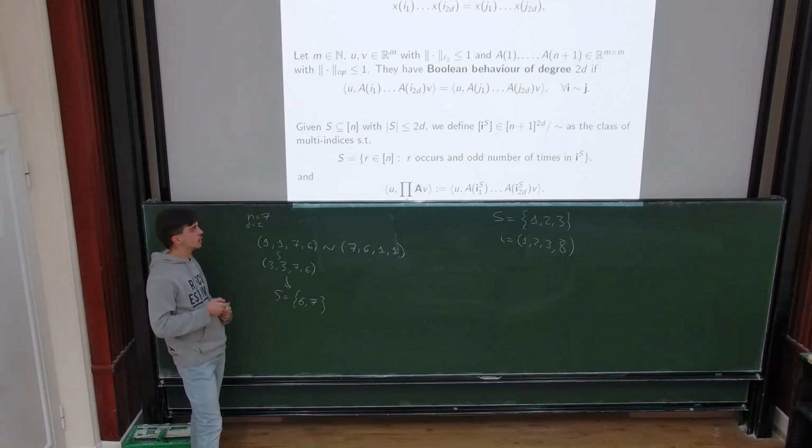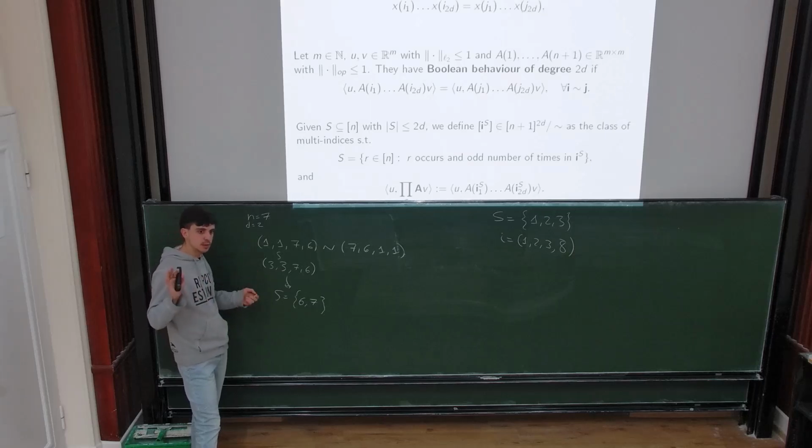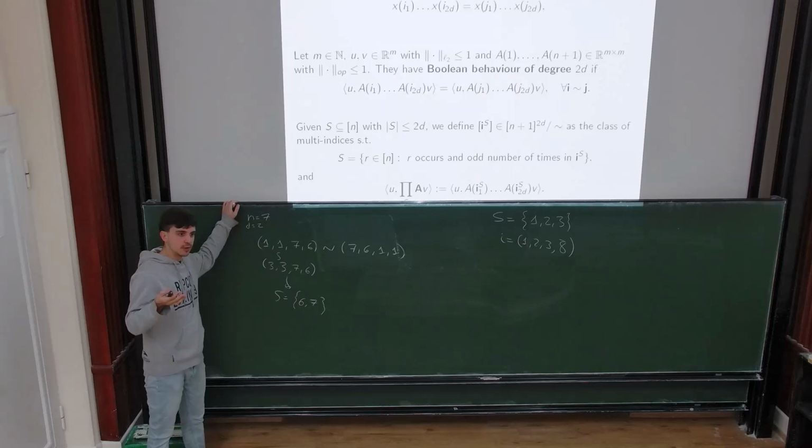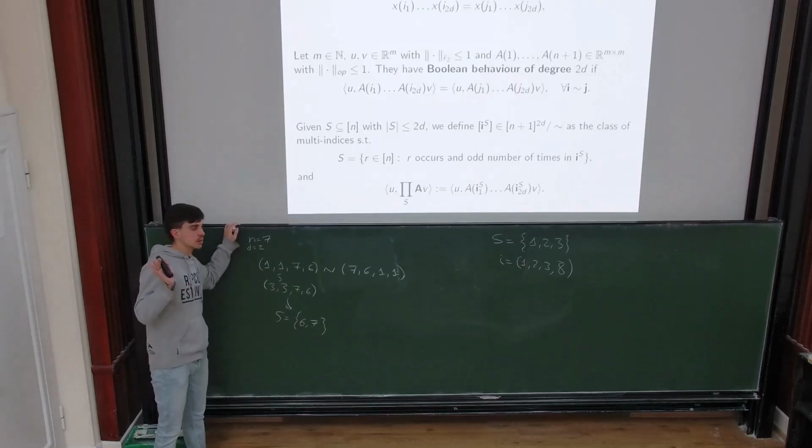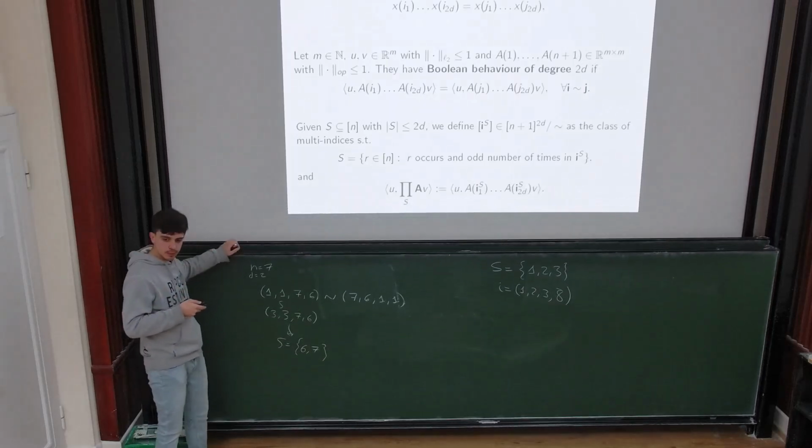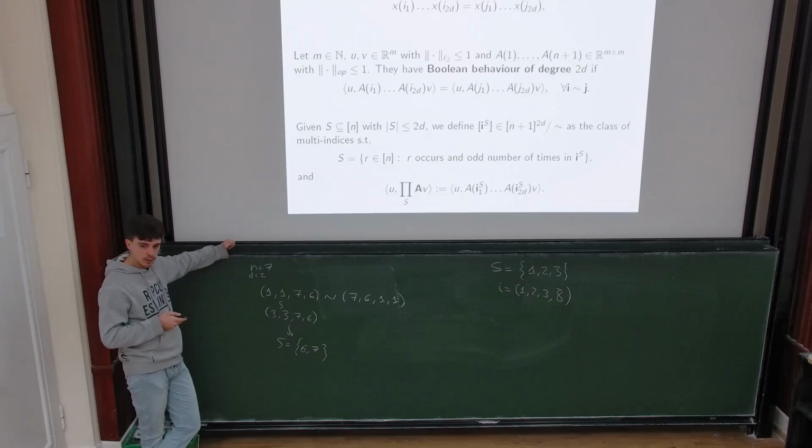And then I pick one of these I's, and that is the representative of the class. But this notation, if I just write I_S alone, does that have meaning? Any representative of this class.